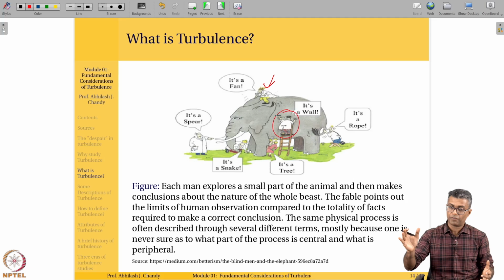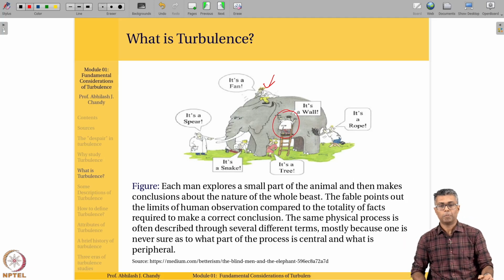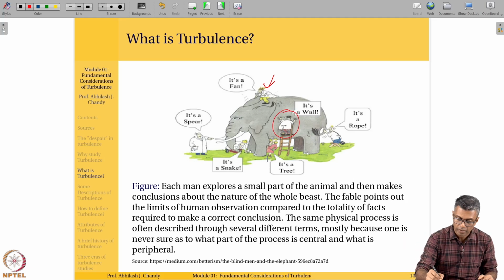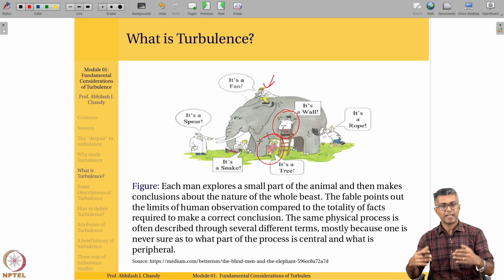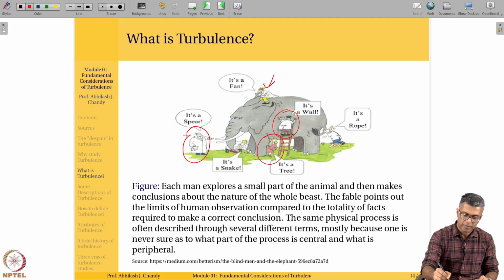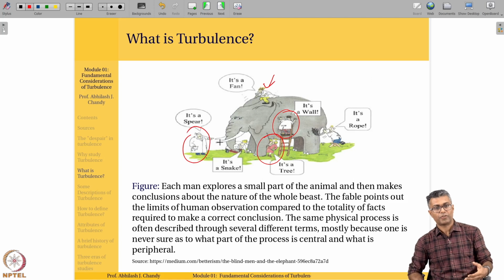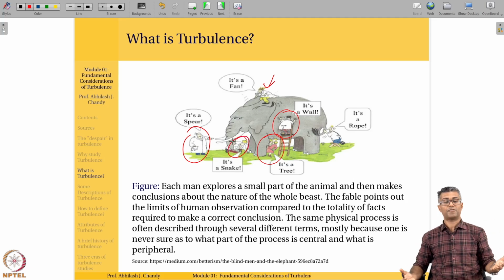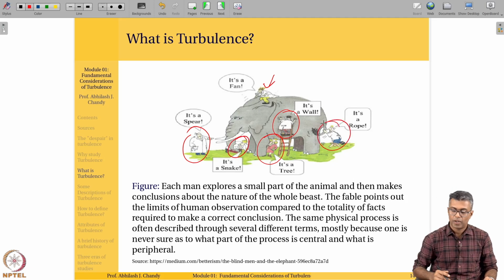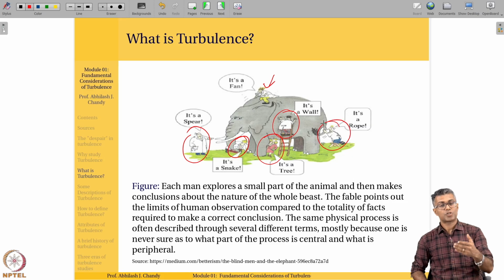He's touching the body of an elephant and he feels that it is a wall. Another fellow here is holding on to one of the legs of an elephant and he feels that it's a tree. This fellow here touches the tusk of an elephant, feels it's a spear. This guy here touches the trunk of an elephant and feels it's a snake. And the very last fellow is at the back. He is touching the tail of an elephant and he feels it's a rope.